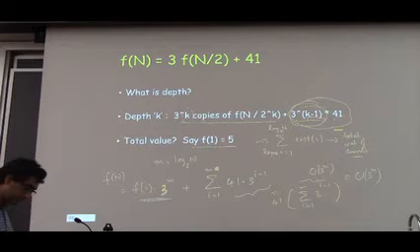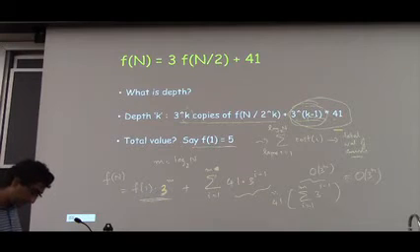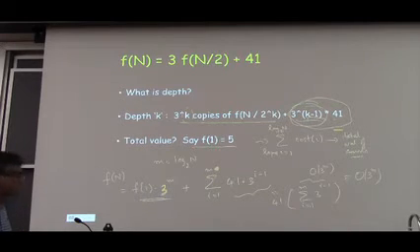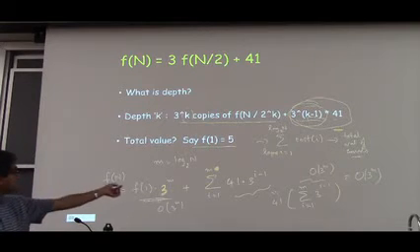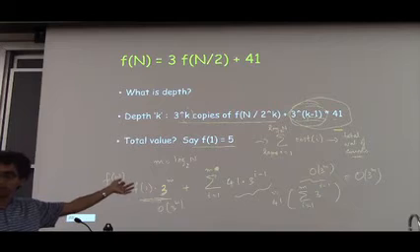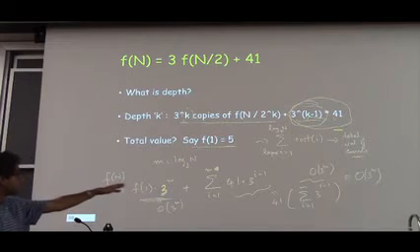So we started with f of 1 times 3 to the m, and that was big O. So f of 1 is a constant. So this is big O of 3 to the m. And I want to say the second term is also big O of 3 to the m. Why is that?